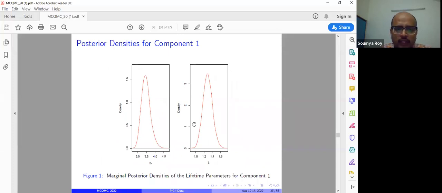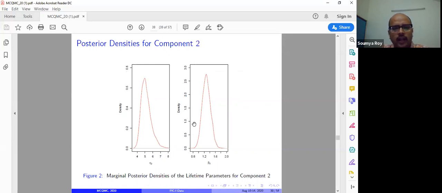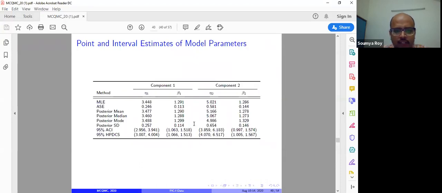Now, if you look at the posterior densities for component 1, what is interesting to note is that, looking at the posterior density of beta 1 and the posterior density of beta 2, and at the support of these two parameters, beta 1 and beta 2 are possibly not significantly different.